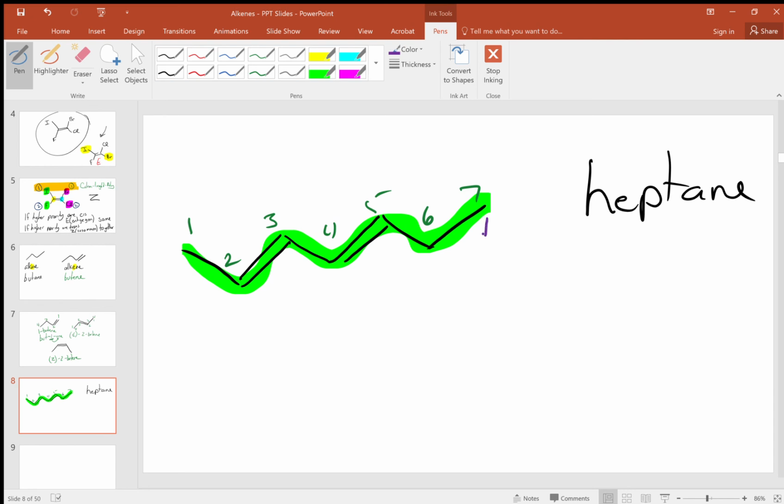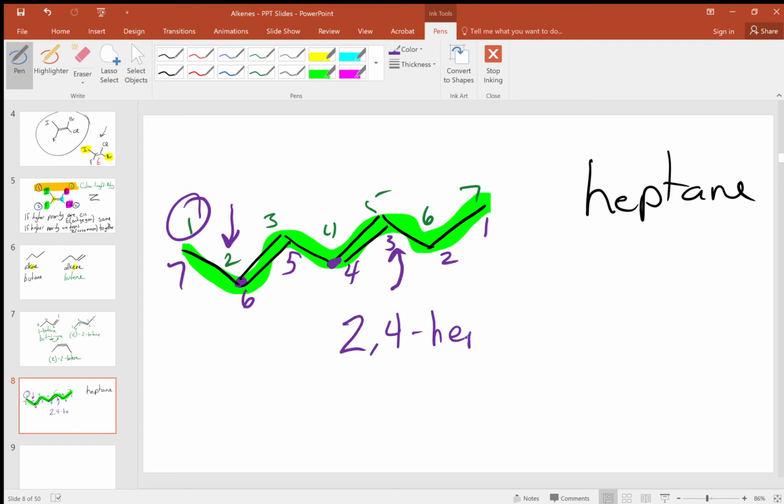Or we'll use purple to go from right to left. So if we go with our green numbers, our first alkene is on carbon 2. Whereas if we use the purple numbers, the first alkene doesn't show up until carbon 3. So that means the green numbers are what we want. The alkenes start at carbon 2, and the second one starts at 4.